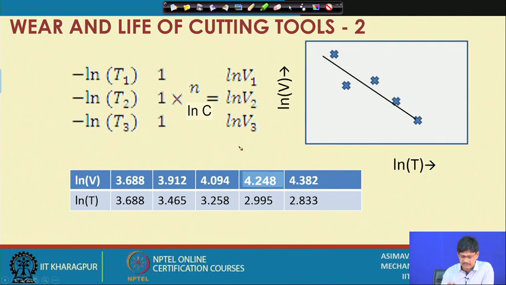Now, in these matrices, it can be noticed that as the matrix is not square, it cannot be inverted. Therefore, we cannot get a direct solution, because we have more equations than the number of unknowns. These are the unknowns, 2 unknowns. Had there been 2 equations, we would have been able to solve it. If there are more such equations, you cannot directly solve it.